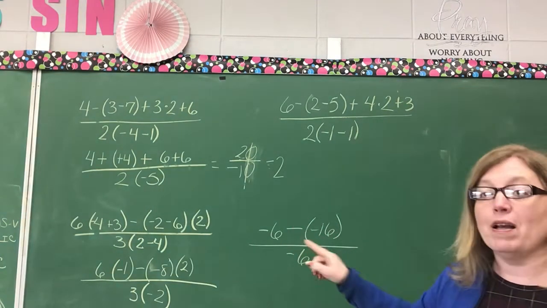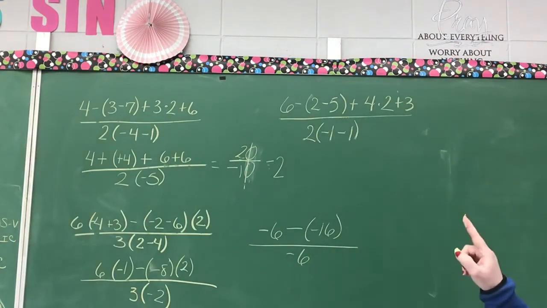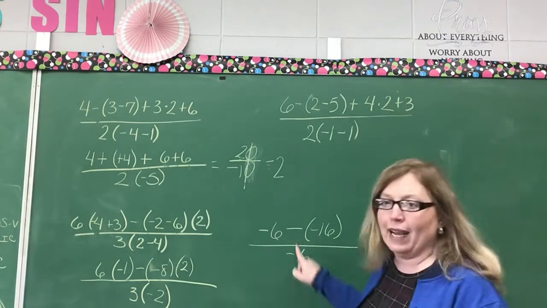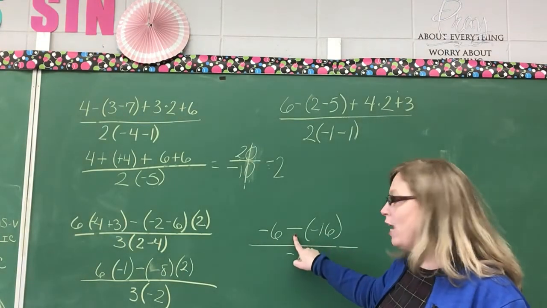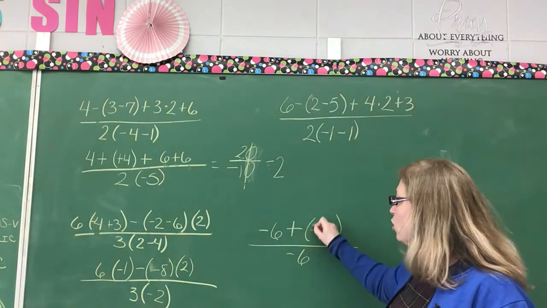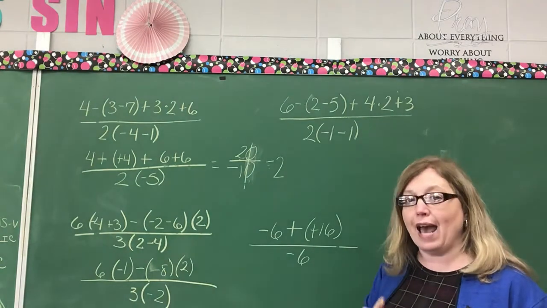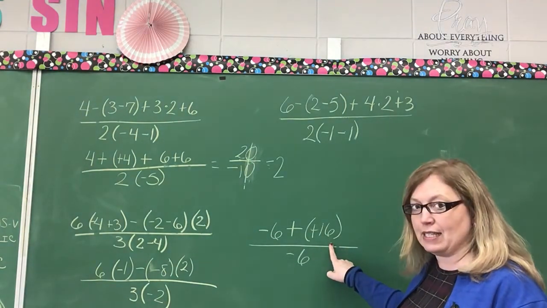Look at this problem. Several of you had trouble with this. Negative 6 minus a negative 16. We can't subtract a negative number. What do we do? Change your subtraction sign to an addition sign. Change your negative sign to a positive. Now, add them together. What is negative 6 plus a positive 16?